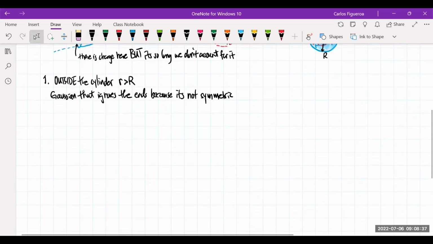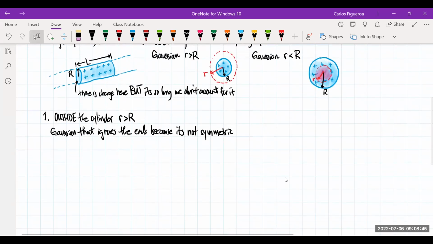So when I look at my Gaussian, I'm going to redraw my cylinder here, right? Just as before. So I'm going to draw the cylinder again. And here I go. So I'm going to pick my cylinder like this. And again, this is very long, so that I don't look at the end.